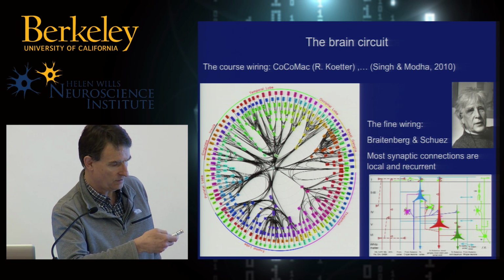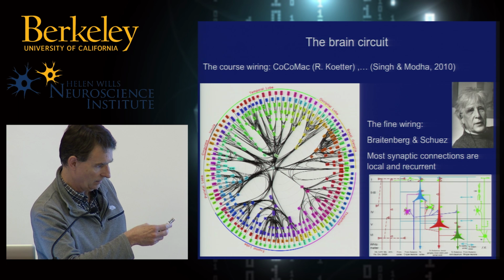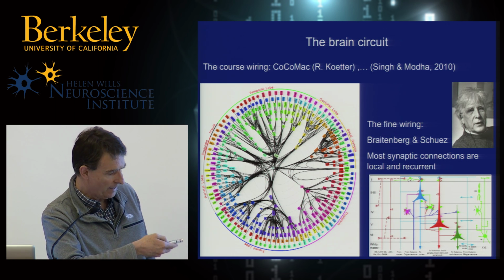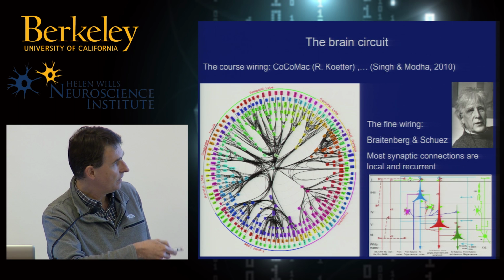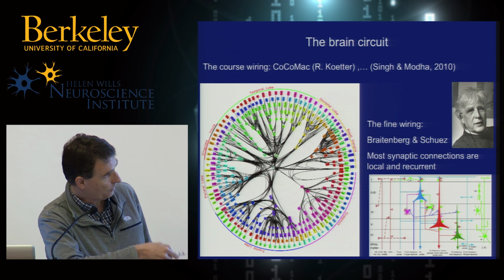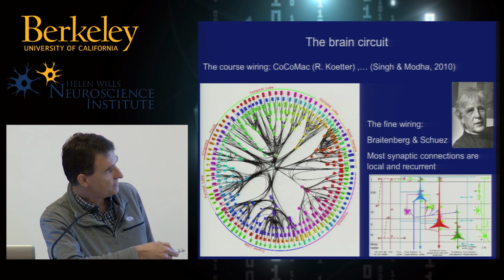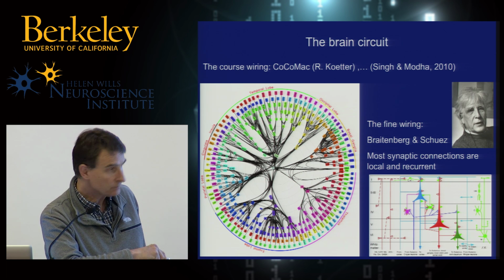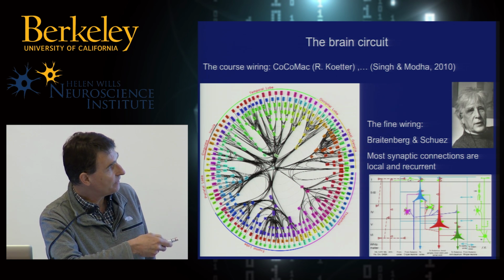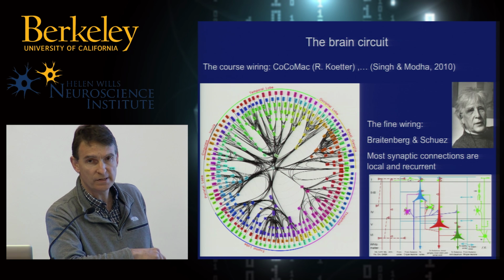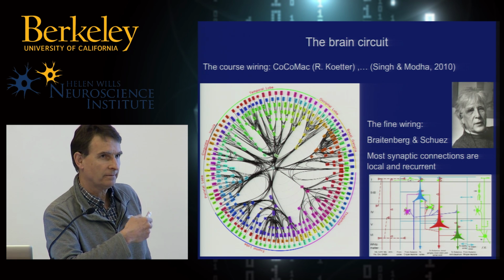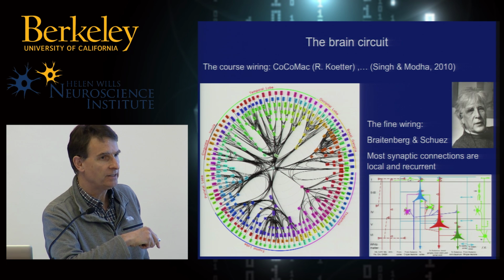scale, of course, and this is also something you have already seen here, we have the six-layered microcircuit of cortex, and you have very rich local connections within these cells. And Valentino Braitenberg and Almut Schüz started a field called quantitative neuroanatomy.